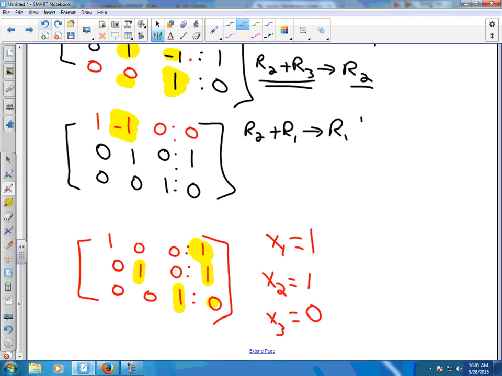So basically the ordered triple (1, 1, 0) is a solution to that system of equations.